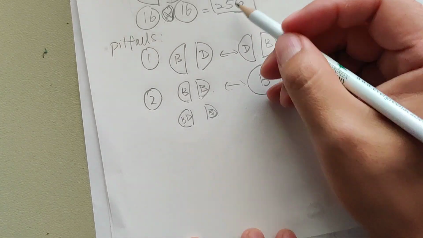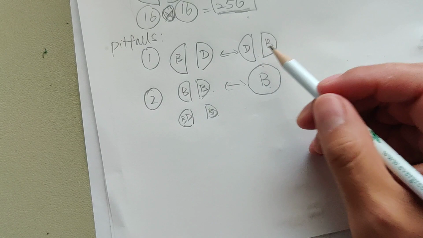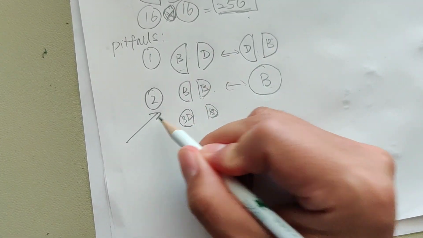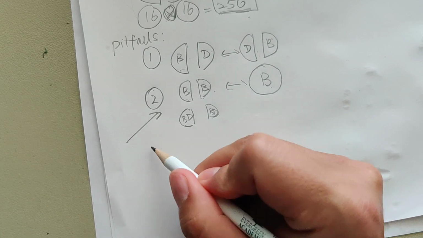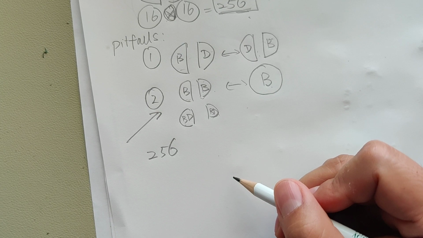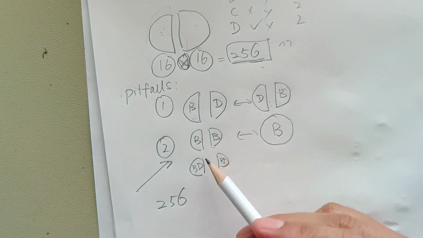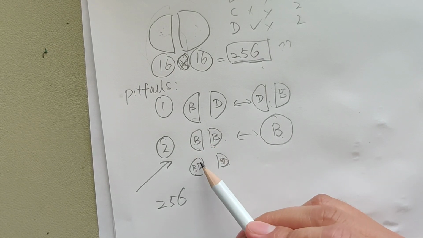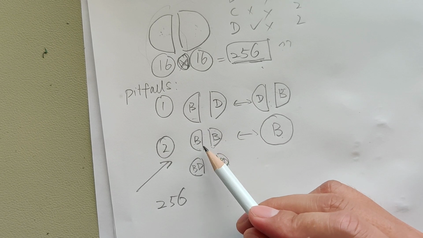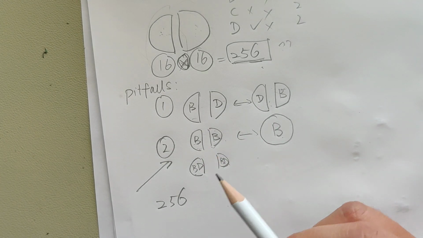So, start from this 256. Our job is to figure out all these pieces here. I'll tackle number 2 first. Overall 256, right? I know that I overcount the whole pizza, 16 types, where the two halves have the exact same combination.